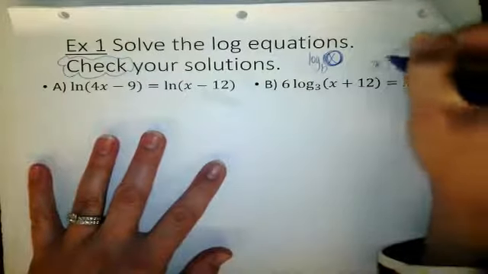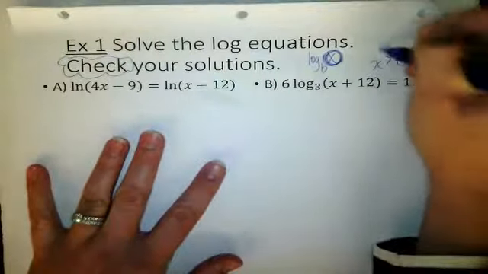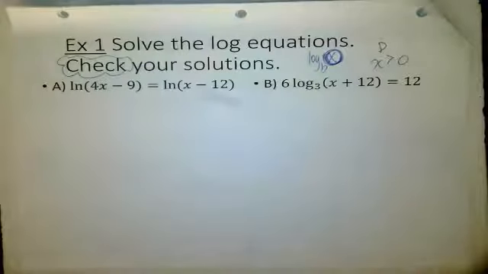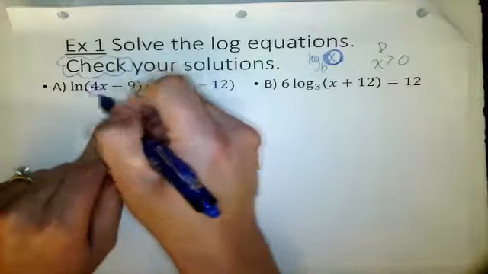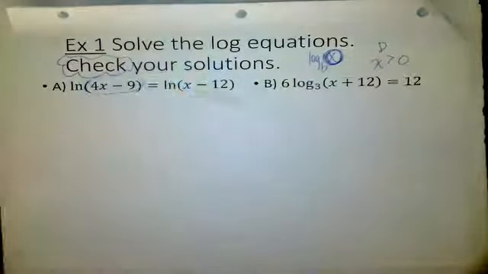Whatever's inside that argument must be greater than 0. Remember, we have vertical asymptotes when we have log graphs. We cannot take the log of a negative argument. The argument is what's inside those parentheses. So be careful when you're solving log equations. They come ripe with problems.